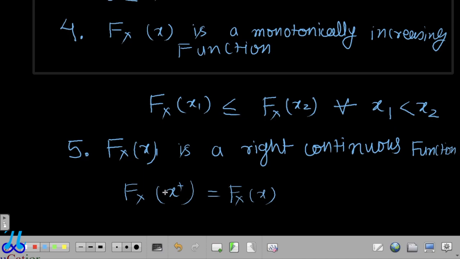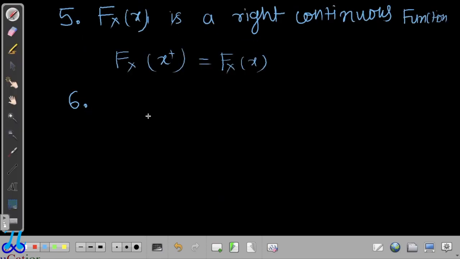It means it is continuous from the right side and not from the left. Now, the sixth property says that the derivative of the distribution function is the PDF. So the derivative of CDF is our PDF.